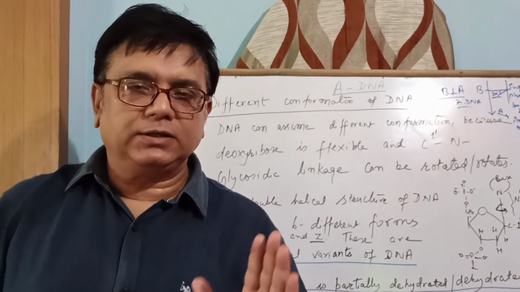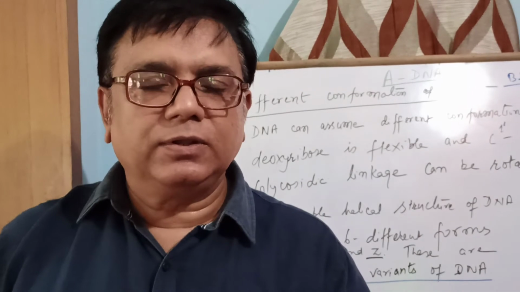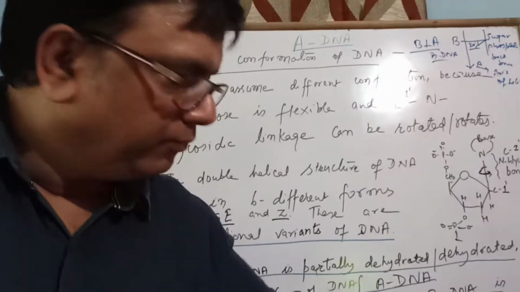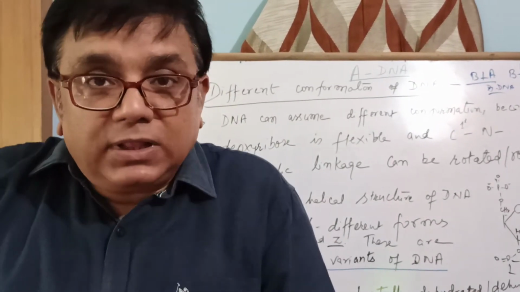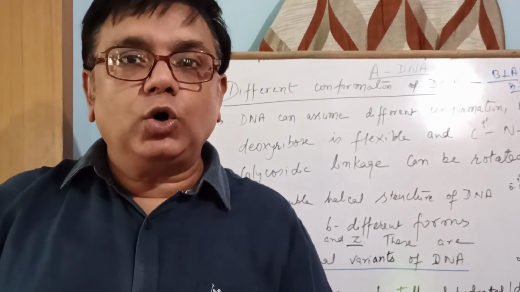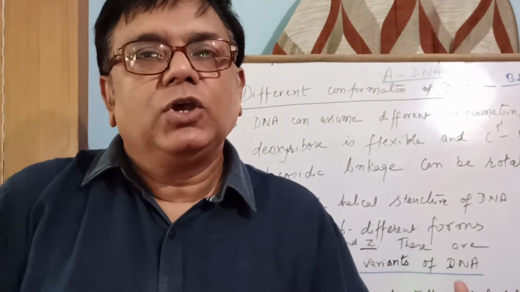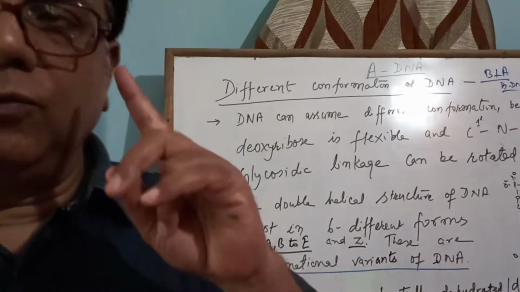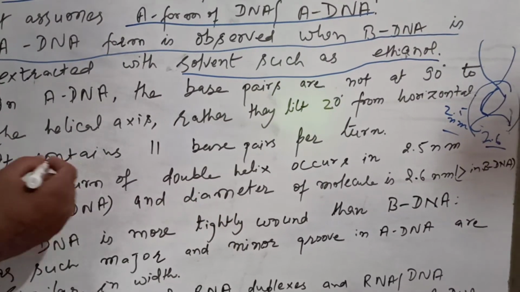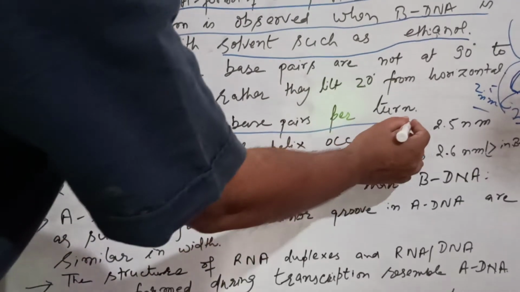In A-DNA the pitch is 2.5 nanometer, while in B-DNA it is 3.4 nanometer, but the diameter of A-DNA is more, 2.6 nanometer compared to 2. Now in B-DNA there are 10.4 base pairs per turn, but in A-DNA the number of base pairs per turn is 11.